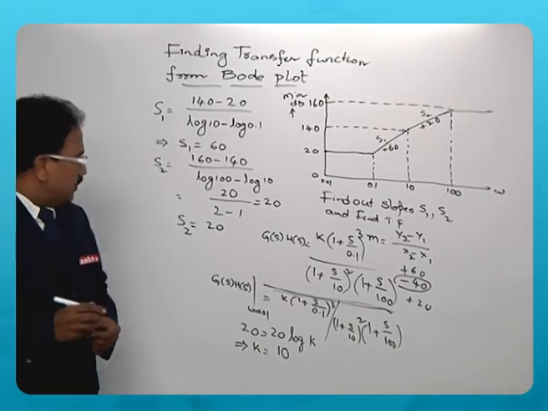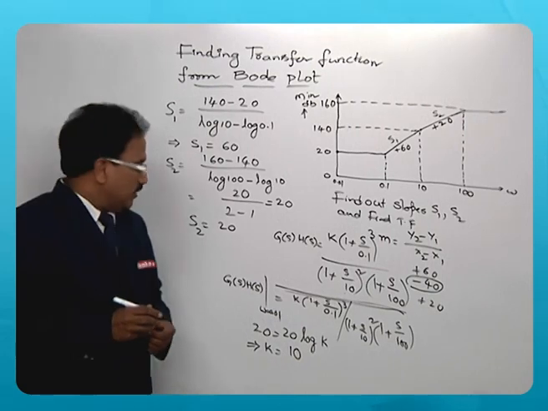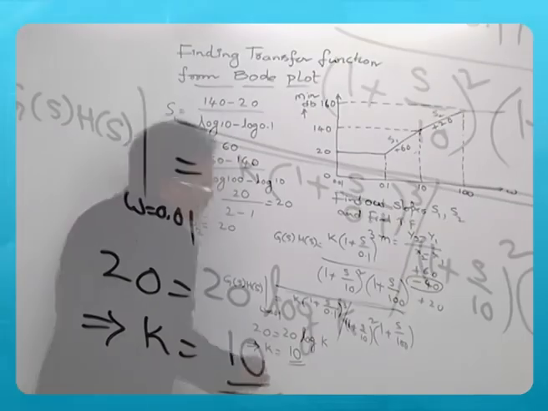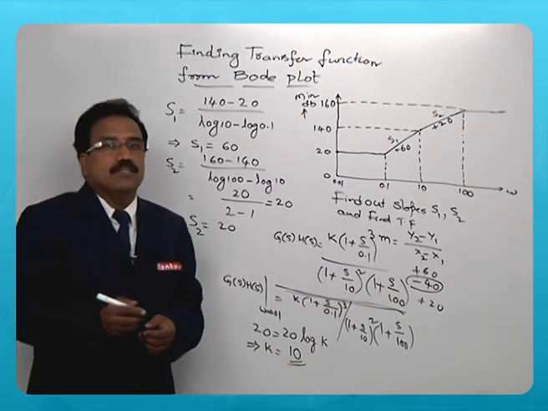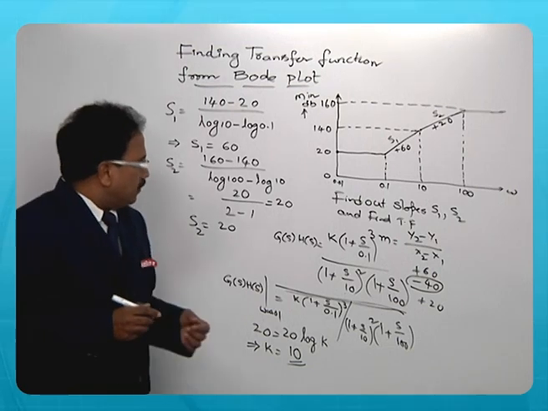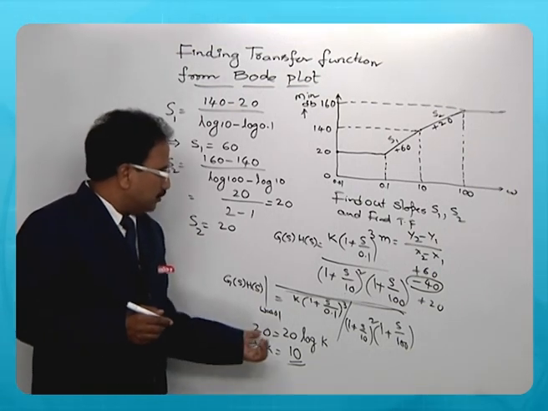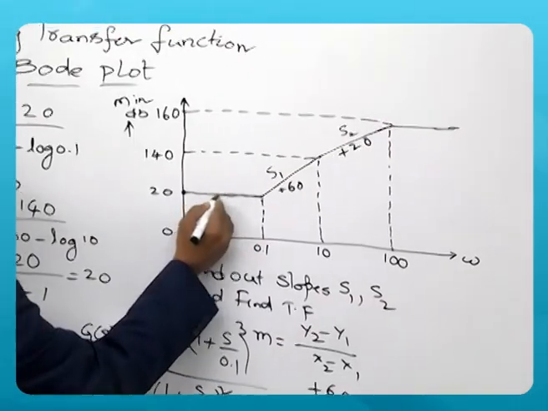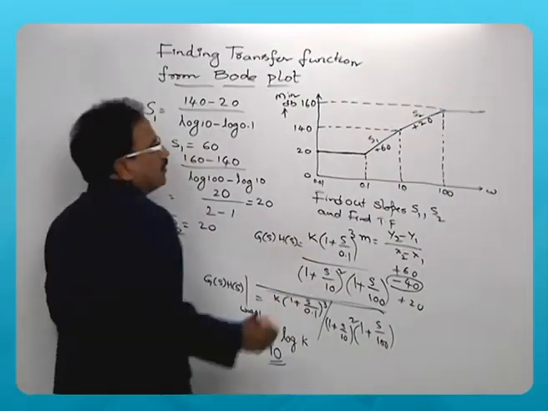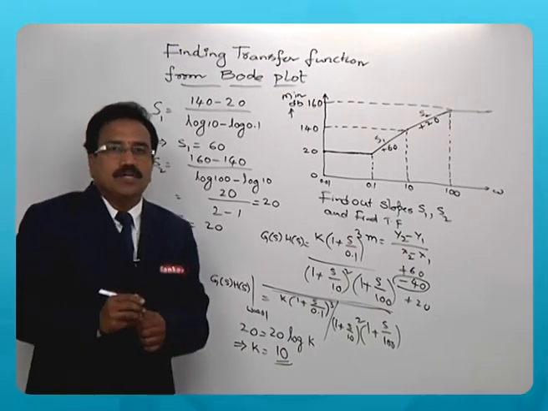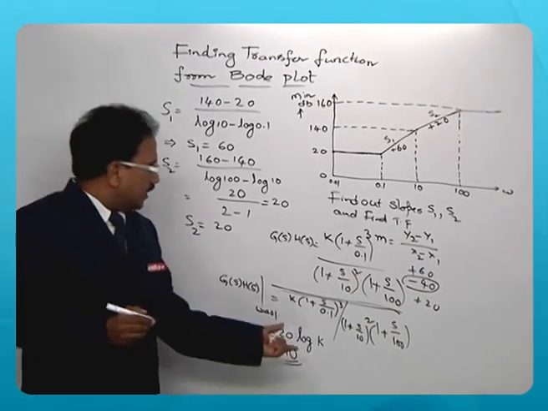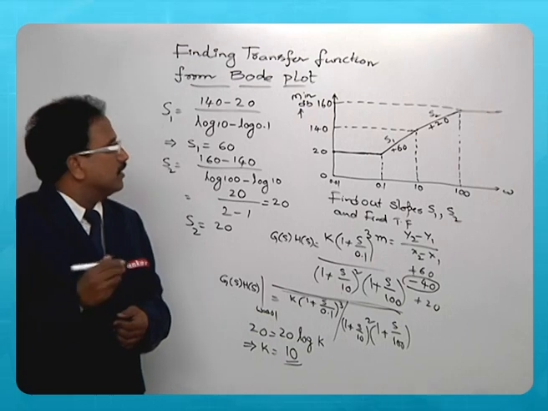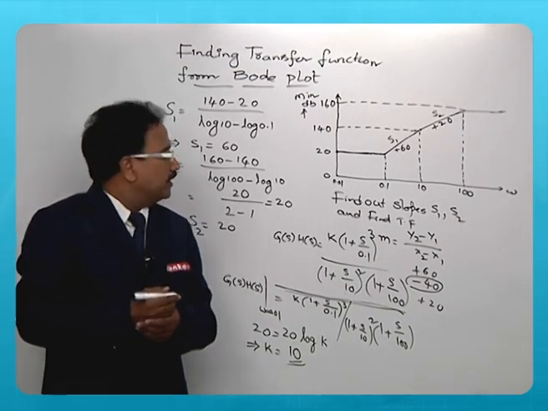So K value is 10 power 1, and you will get the value of K as 10. So this is the way we should determine the value of K, equate the magnitude to 20 log K, because there is no change in the slope at omega equal to 0.01. That's why only the constant term will appear, and you will get the value of K in that way.